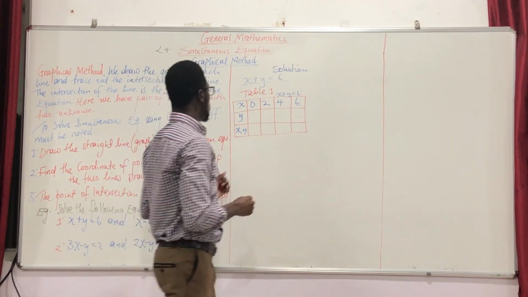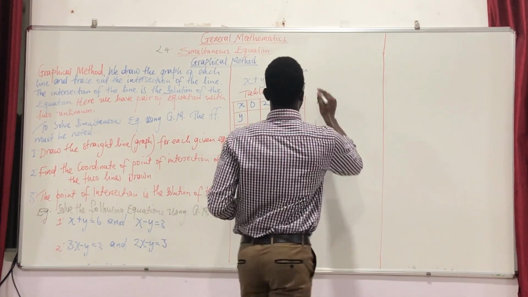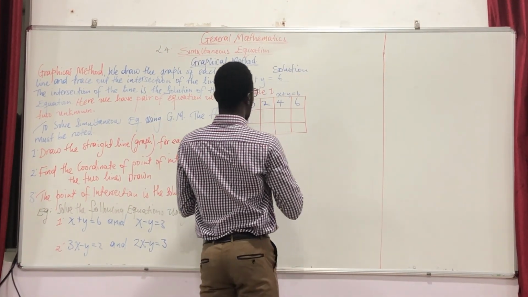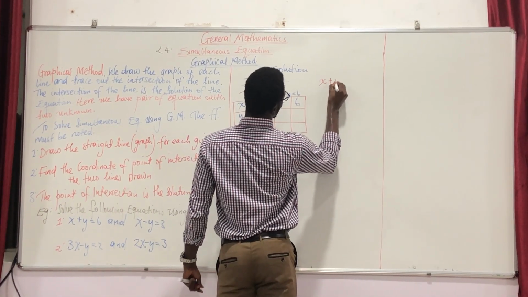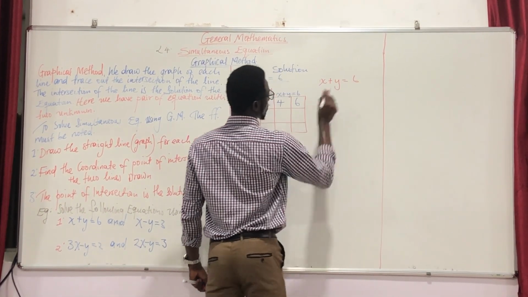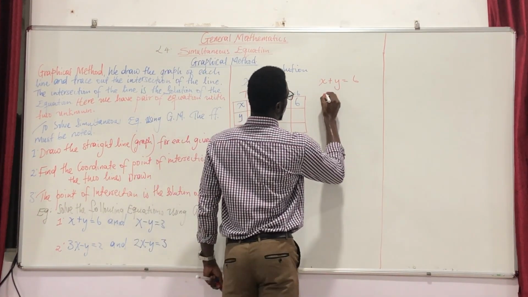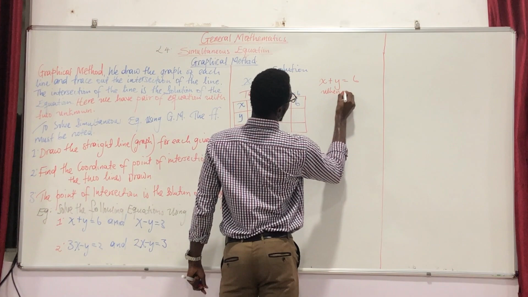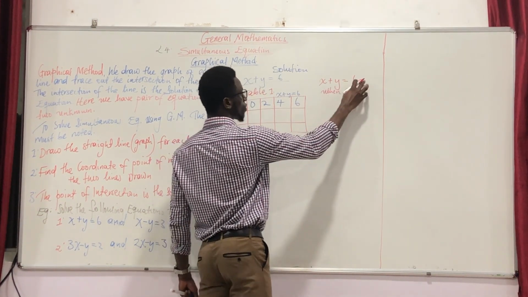Now, in order for us to find our y coordinates, first we use this equation, x plus y equals 6. So when x equals 0, we substitute x into this equation.